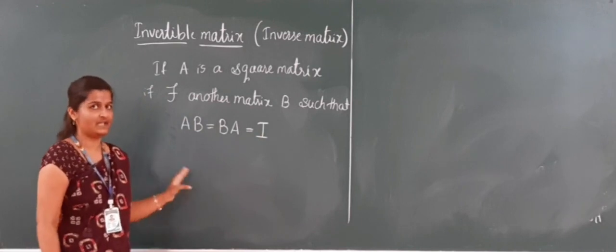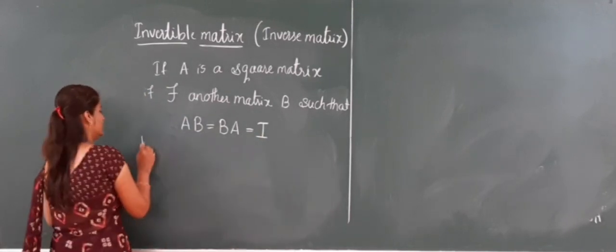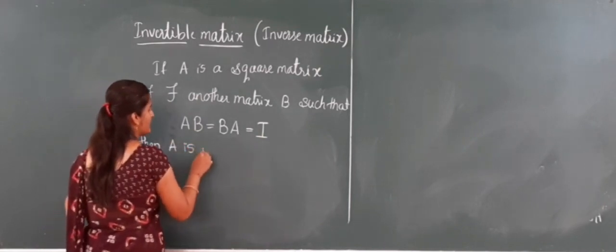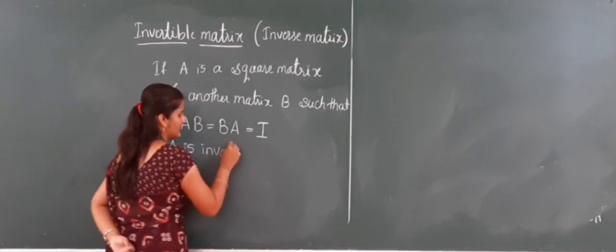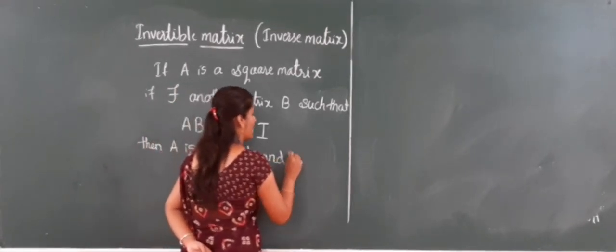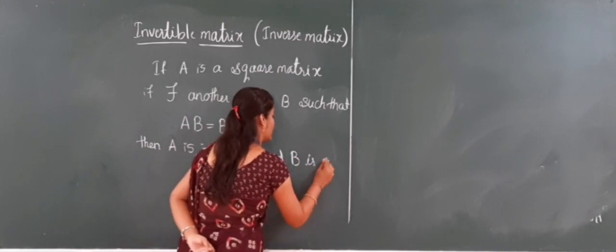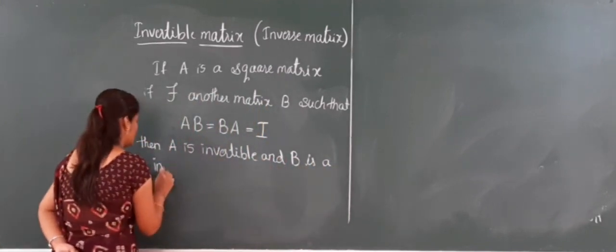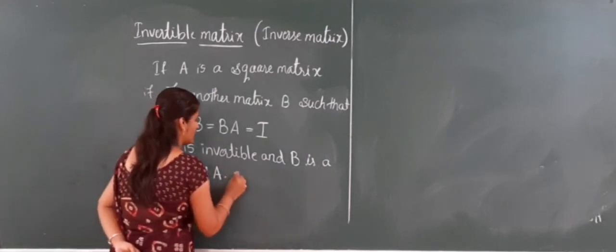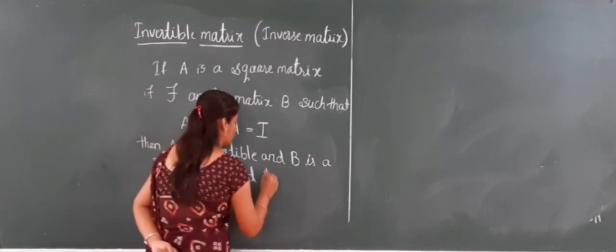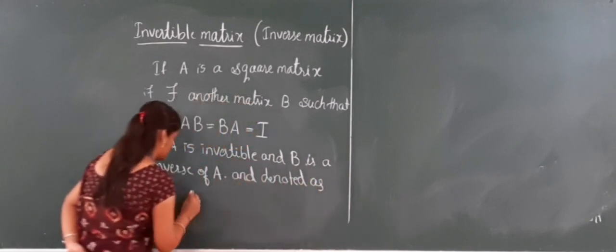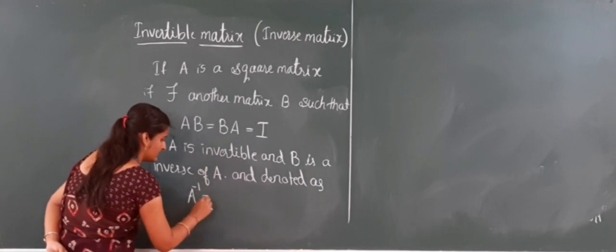AB is equal to BA is equal to I, then A is invertible and B is the inverse of A, denoted as A inverse is equal to B.